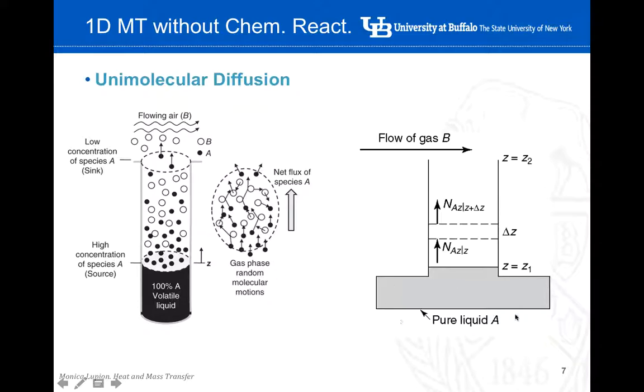So at the bottom, it's pure liquid of element A. And then here at the top, it's a flow of gas B. And element A will be transferred from the bottom of the cell to the top.